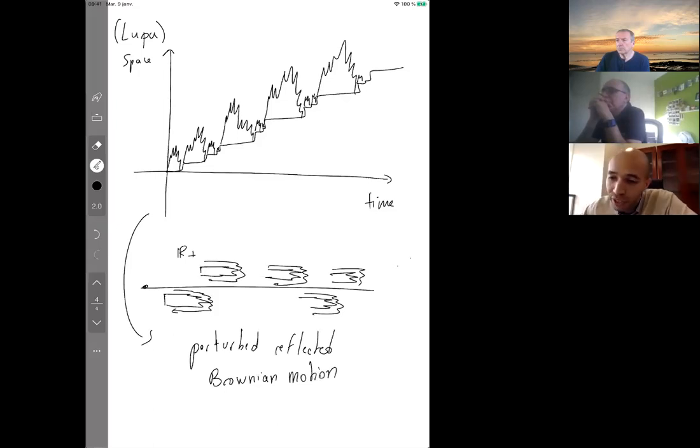So instead of looking at a loop soup on the half line, you can study this process in time. When you have this process, you can recover the Brownian loops by looking at the excursions above the infimum process, the future infimum process.